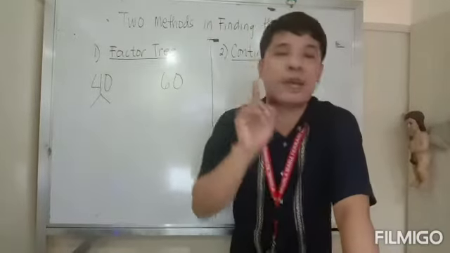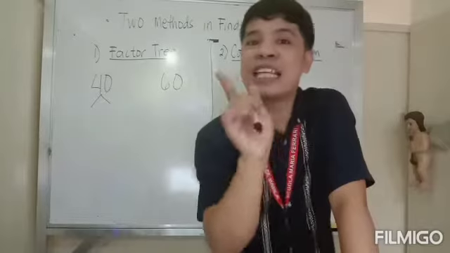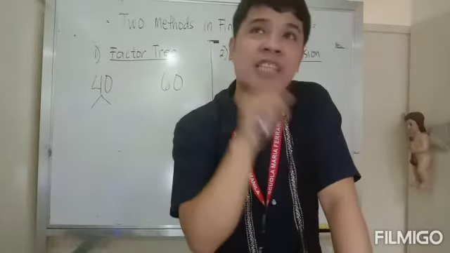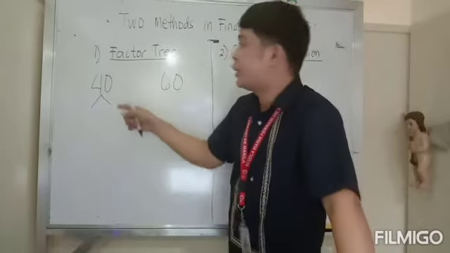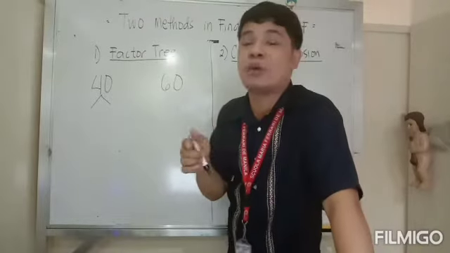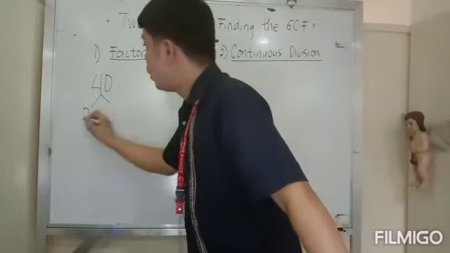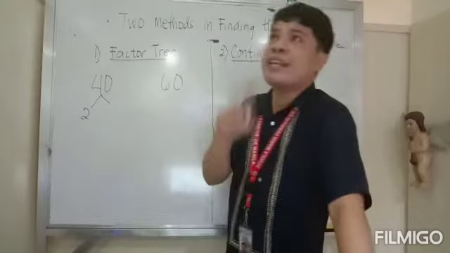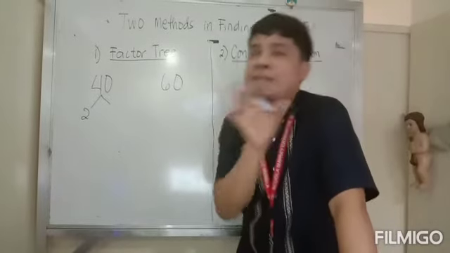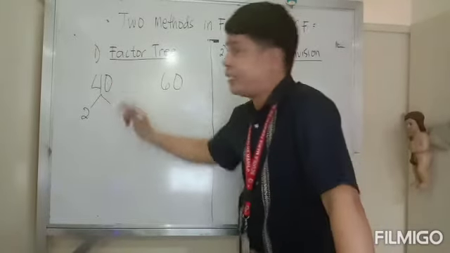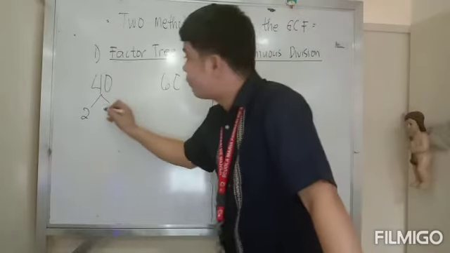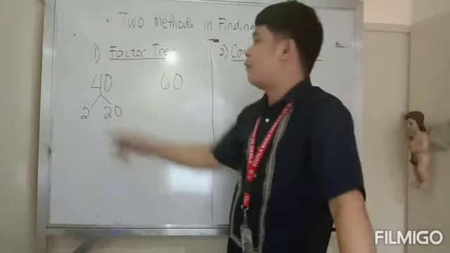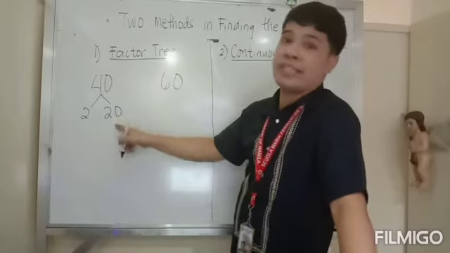We're going to think of the smallest prime number, or smallest prime factor, of 40, which is 2. Now think of the partner of 2 that, if you multiply it, the answer is 40. That is 20, because 2 times 20 equals 40.